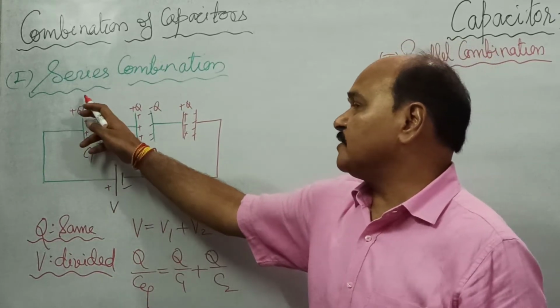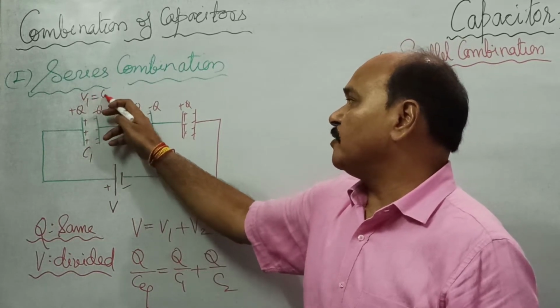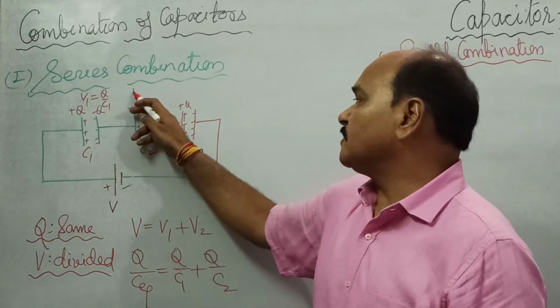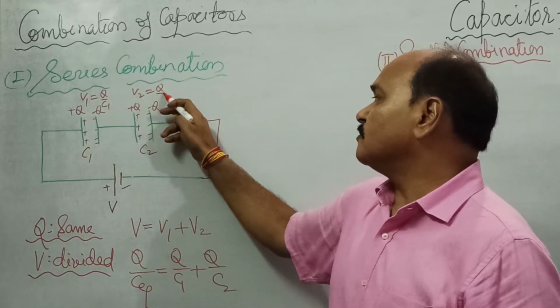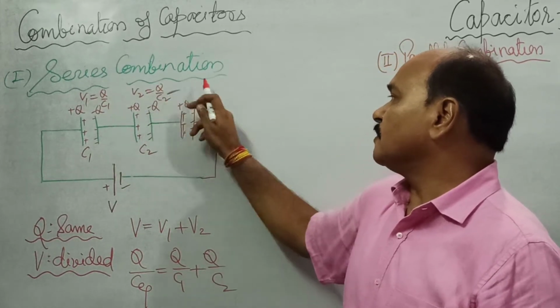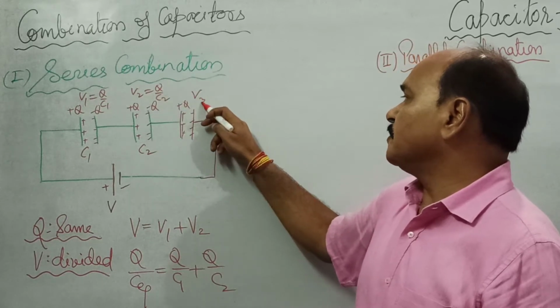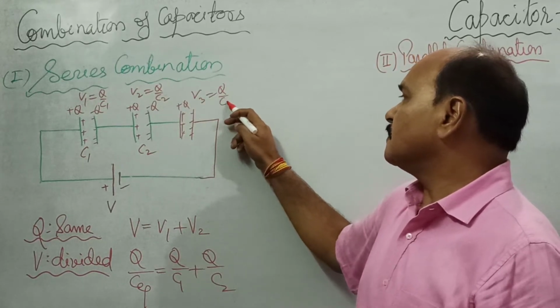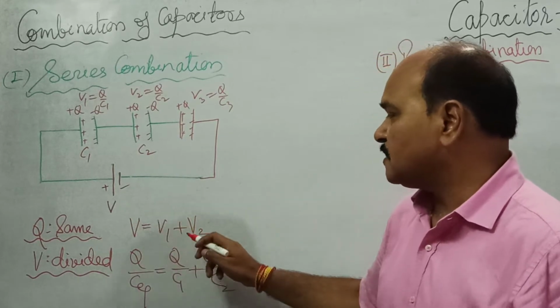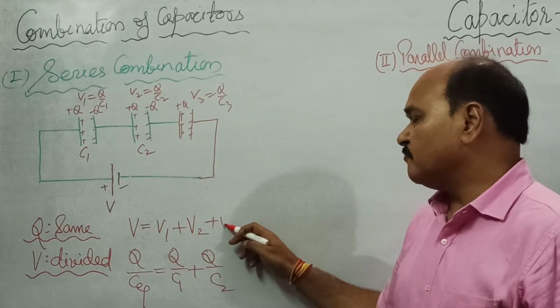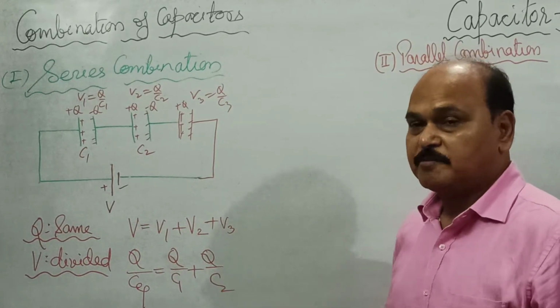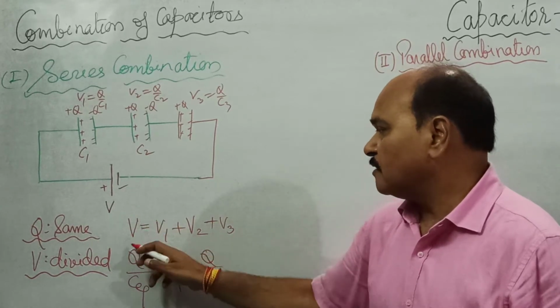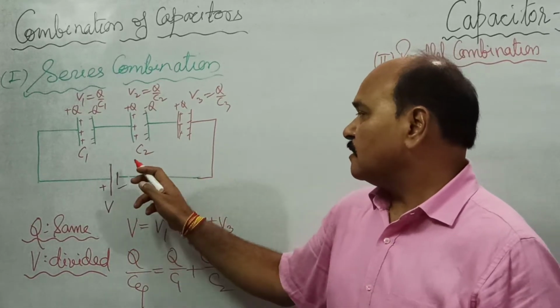Well, what is the potential difference between the plates here? It is Q upon C1. Potential difference here is what? Q upon C2. And potential difference here is going to be what? Yeah, V3 is going to be Q upon C3. So this potential V is distributed as V1 plus V2 plus V3 if there are three capacitors. What is overall potential?